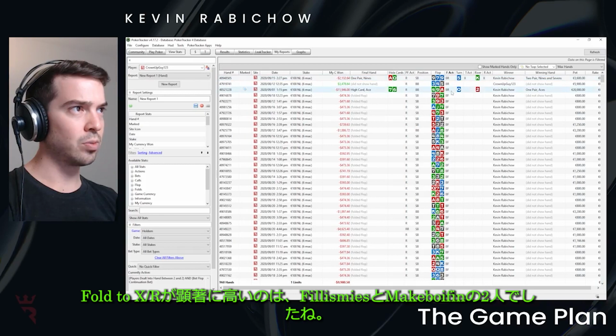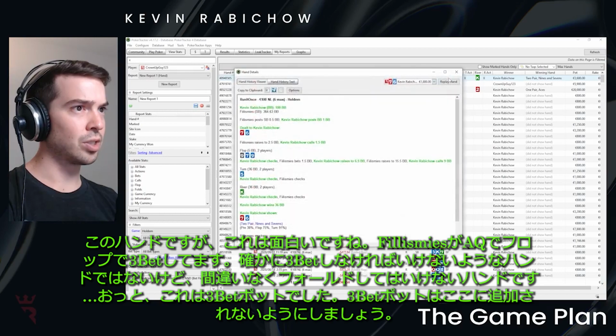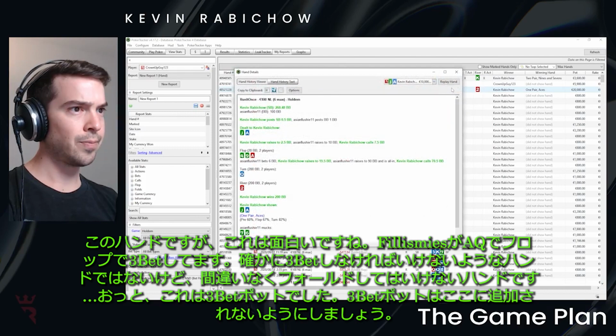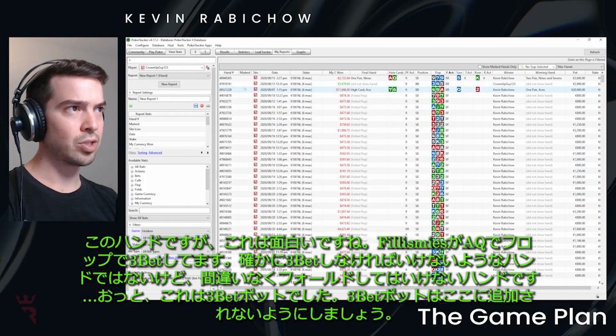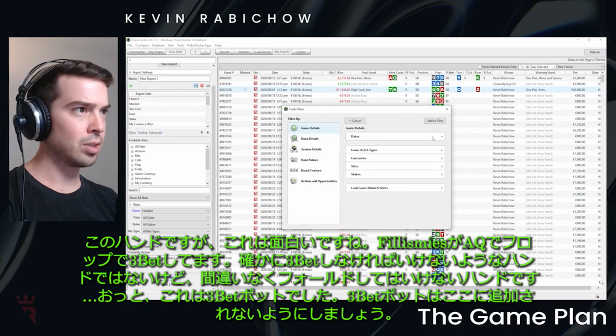I'm just going to remind myself, I think the two players who had notably high fold to check-raise were Phil Ismies and Make Boy Fin. So here is a hand, this one's interesting. Phil Ismies 3-bets the flop with ace queen high. Certainly not a hand that has to 3-bet, but definitely a hand that shouldn't fold. Here, this is a 3-bet pot, so let me make sure that 3-bet pots do not get added in here.